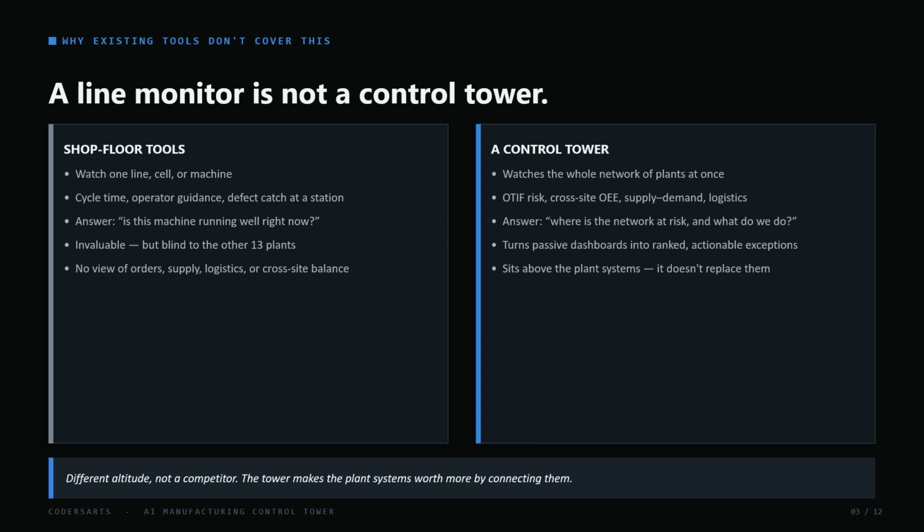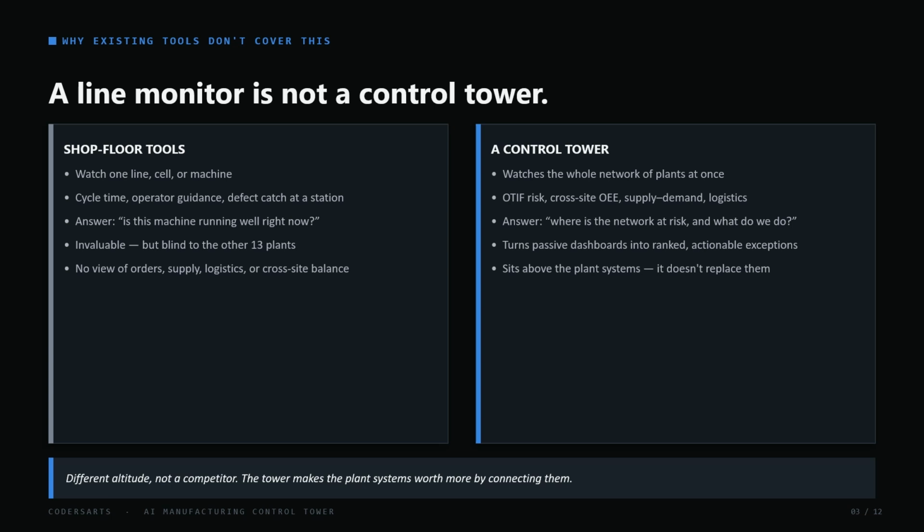Now you might be thinking, we already have monitoring tools. And you do, and they are valuable, but line monitoring and the control tower are two different altitudes. A shop floor tool watches one line, one cell, one machine: cycle time, operator guidance, catching a defect at a station. It answers, is this machine running well right now?